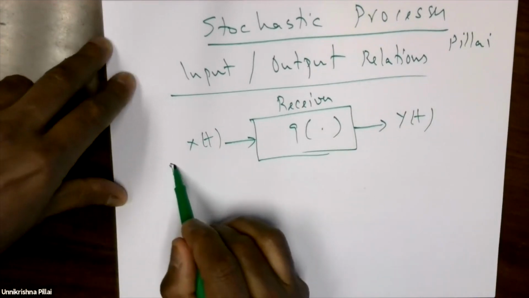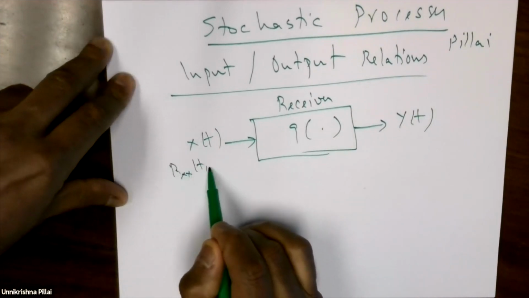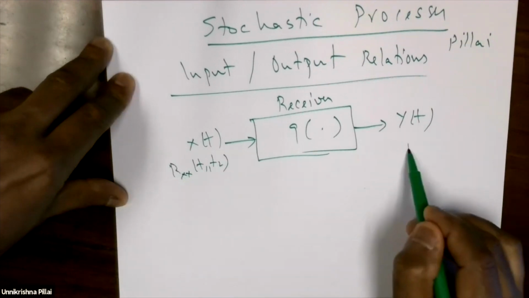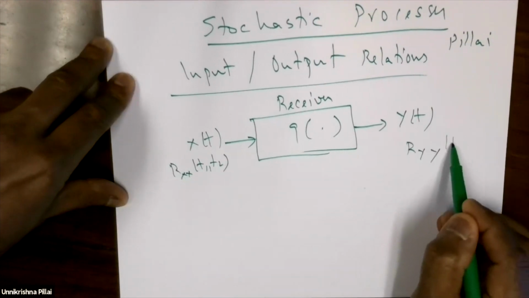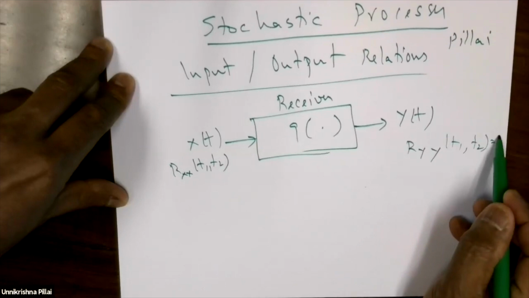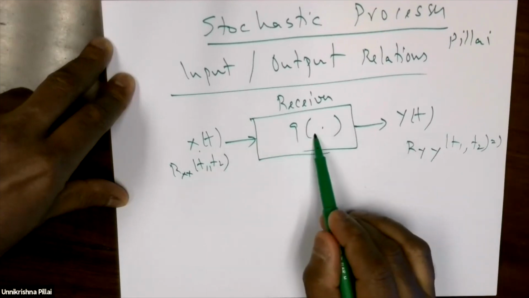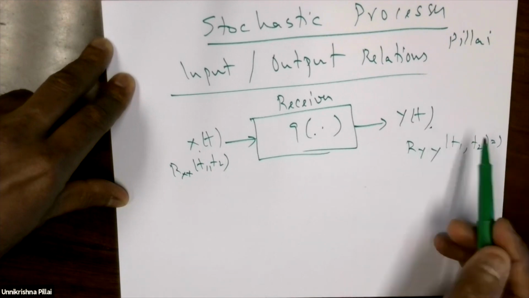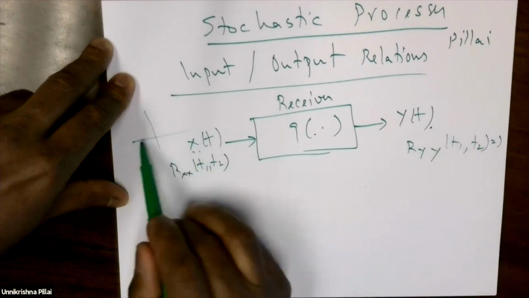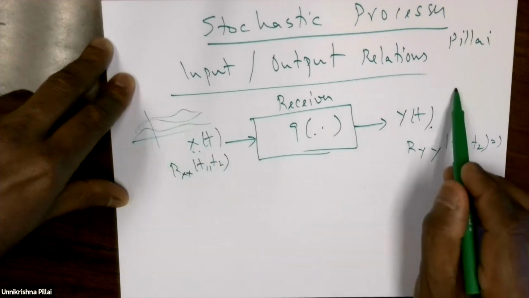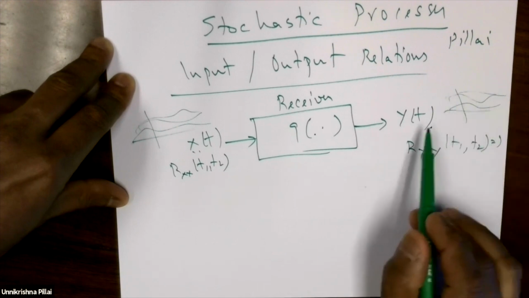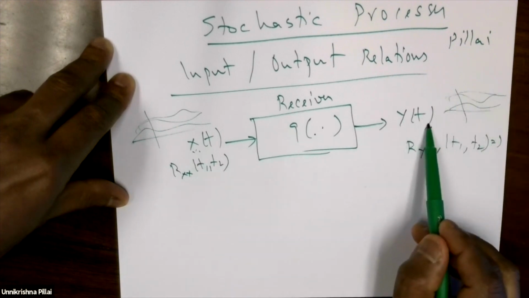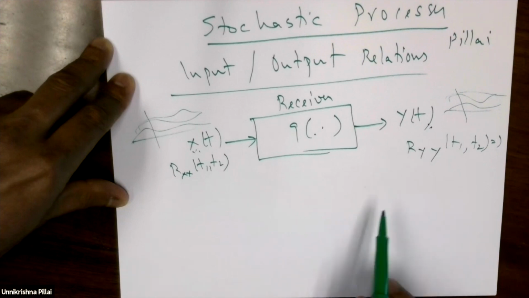We can assume that we have an autocorrelation function here, and we want to find out the autocorrelation function at the output. If you apply a stochastic process through a system, you'll get some output. There will be various realizations. It's pretty clear a stochastic process will generate another stochastic process.